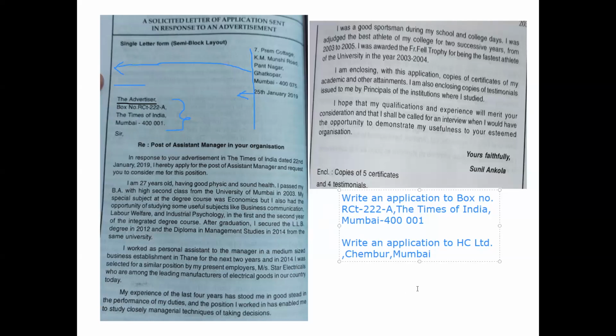In that case, you can write the manager, or you can write say HR personnel, the executive officer, chairman. There are various options you can select, but if you are confused what to write, you can directly use the manager or HR personnel. Then the remaining address you have to write on the next line, that is HC Limited, Chembur, Mumbai, and the pin code.